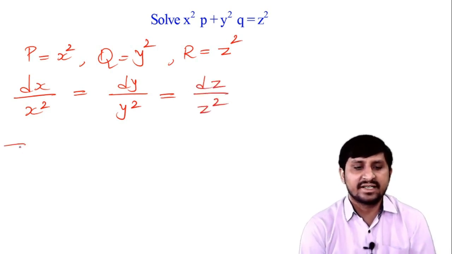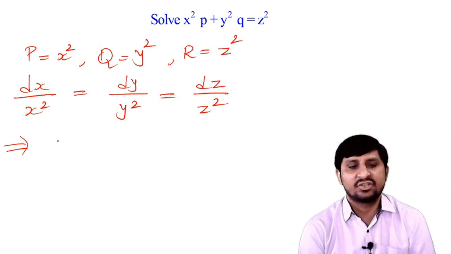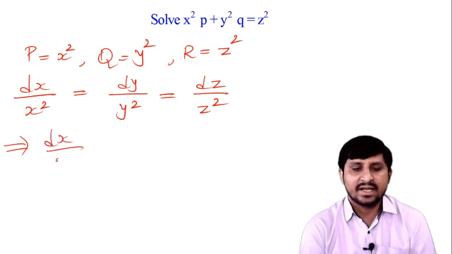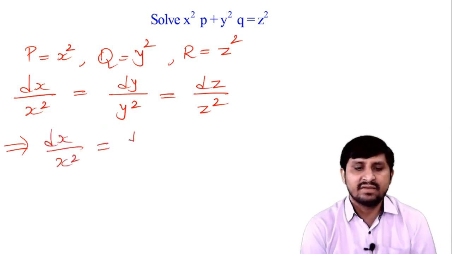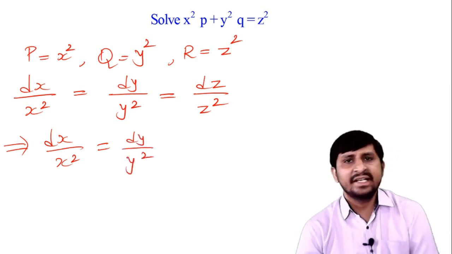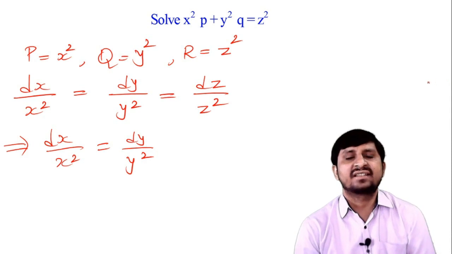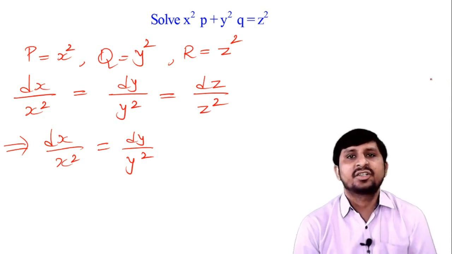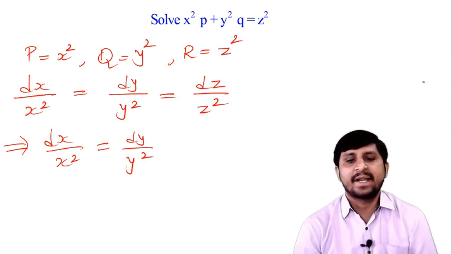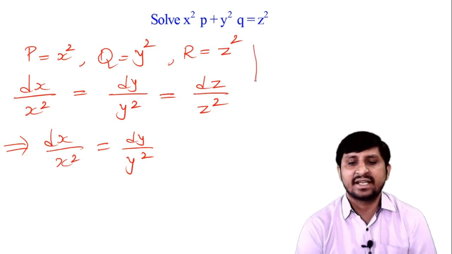So compare first two equations. So dx by x square is equal to dy by y square. Now integration of 1 upon x square with respect to x. Try to understand very carefully, especially diploma students.